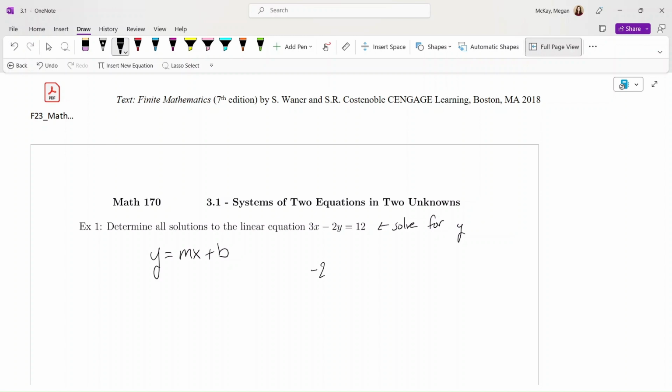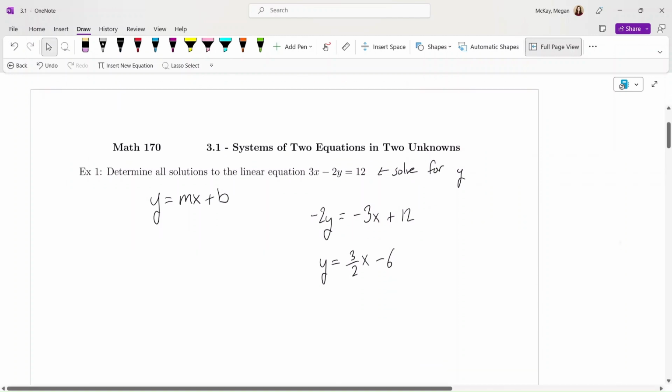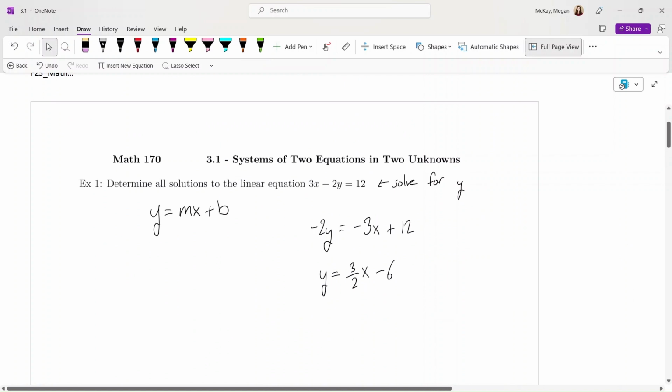We get negative 2y on the left-hand side is equal to negative 3x plus 12 on the right-hand side. We'll divide through by negative 2 and we get y is equal to positive 3 halves, or 1.5, x minus 6. Alright, so now we have the equation of a line.